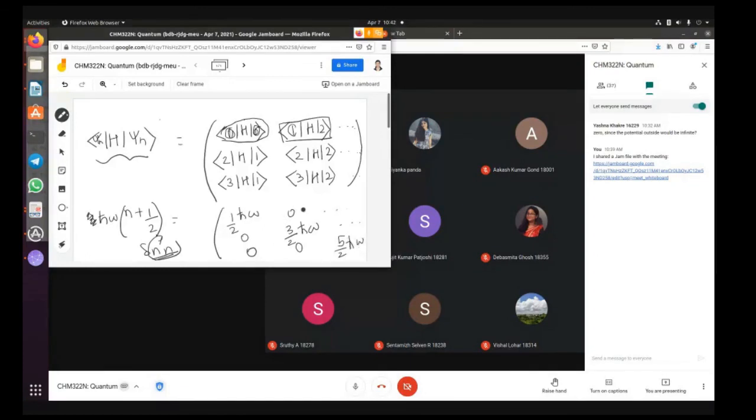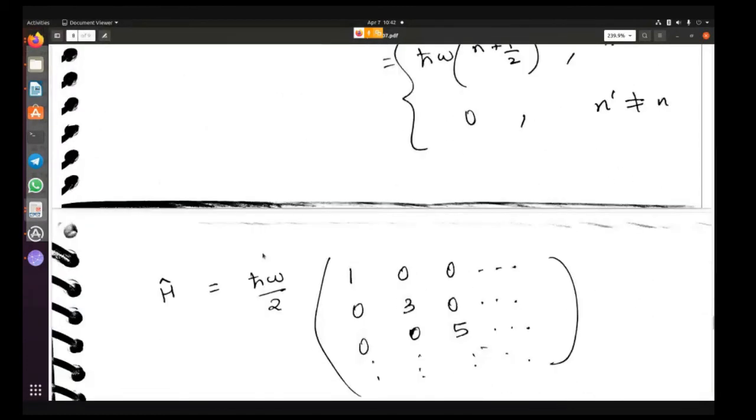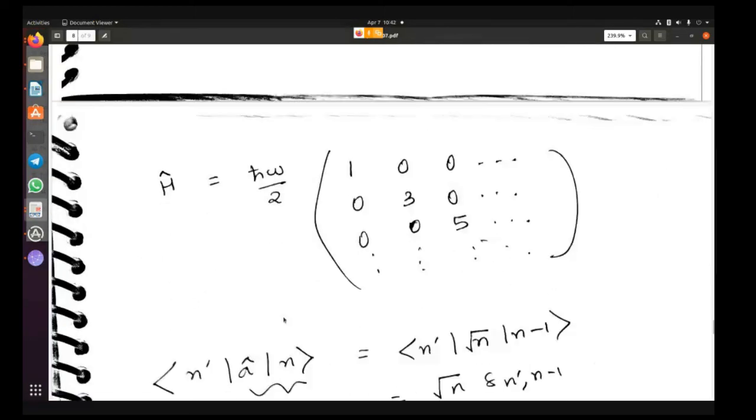So this is the computation I'm doing when writing this matrix. I'm taking h cross omega by 2 outside and writing 1, 3, 5 on the diagonal, and everywhere else it is 0. This is the matrix representation of the Hamiltonian.